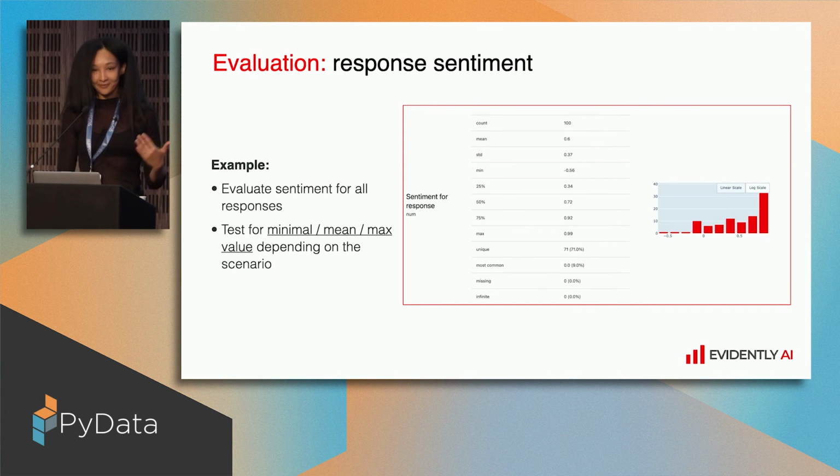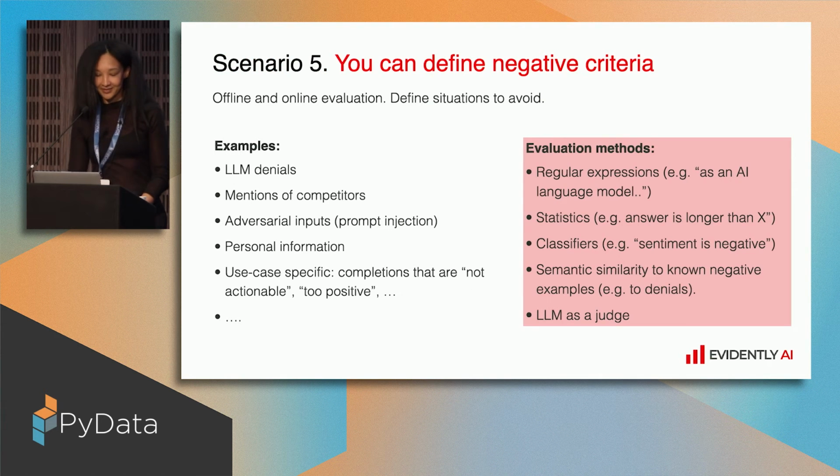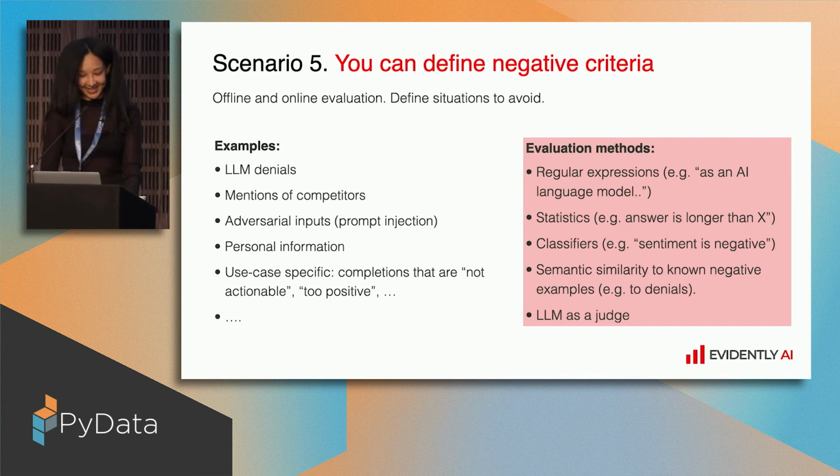So if you have positive criteria, we definitely have some negative criteria, right? And here we can use pretty similar things. We can do toxicity detection or PII detection, or maybe check for something very case specific, like maybe this response is not actionable, right? Sometimes it's actually not good. Or maybe this response is too positive or too negative.